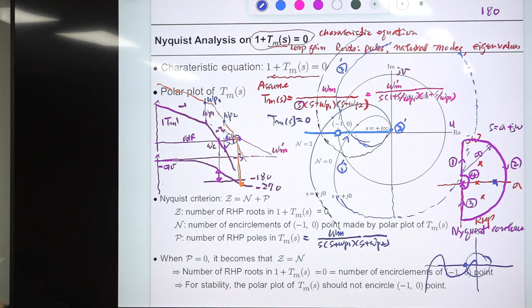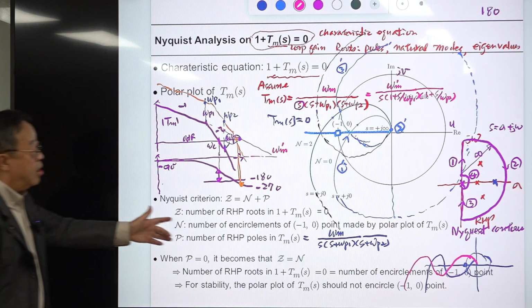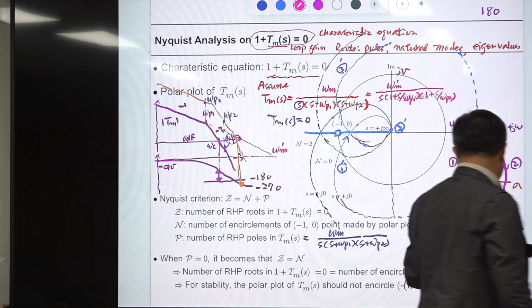And let me give you another example. Another example will be like this one. Let me use a different color. Okay. Both of them are conditionally stable systems.